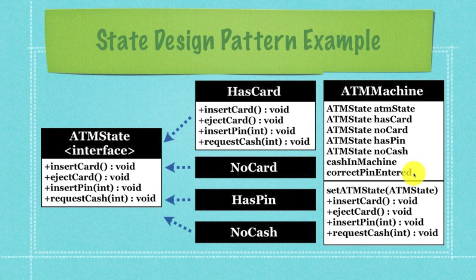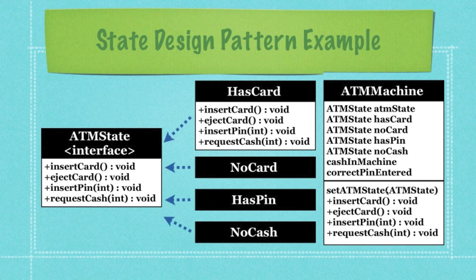Then on top of that, we're going to allow the user to change the state based off of things that go on over inside of here, and that's what's going on with set ATM state. And then these guys, insert card, eject card, insert PIN, and request cash, whenever they're called, simply send the user to the specific method that is specific to the state that is set here. Now, hopefully you're getting about 30% there in understanding the state design pattern.